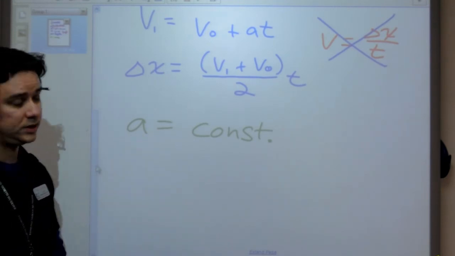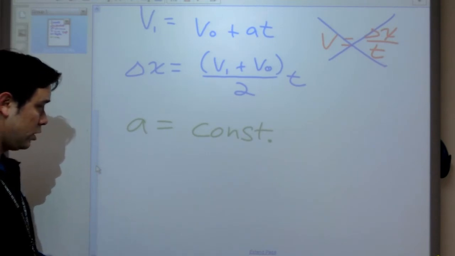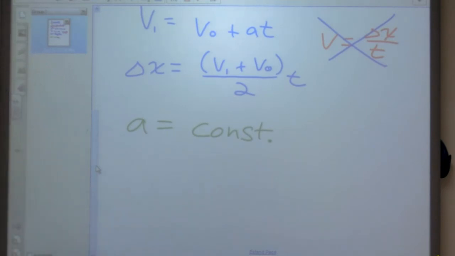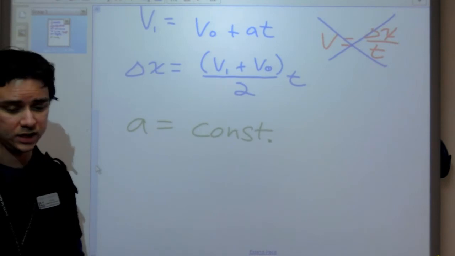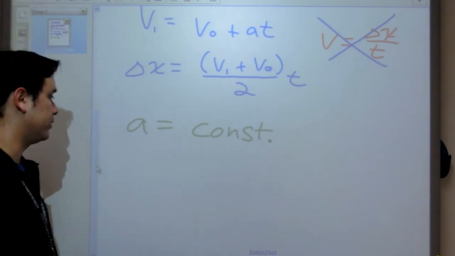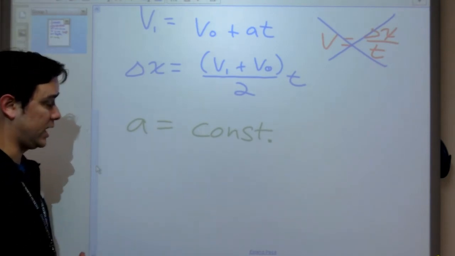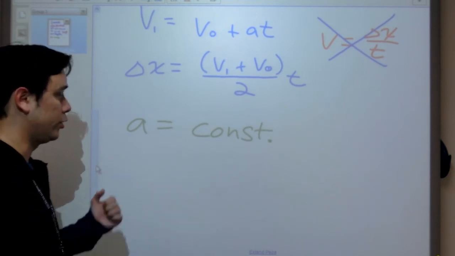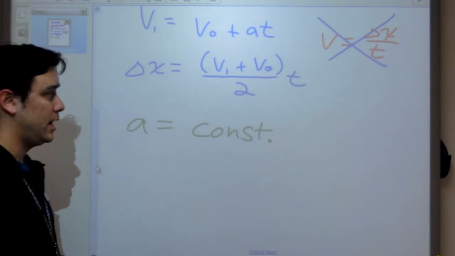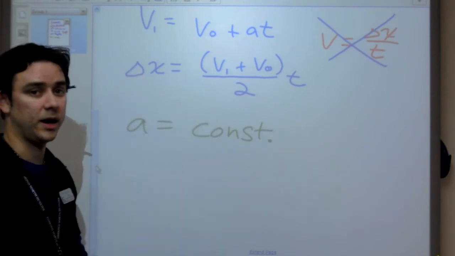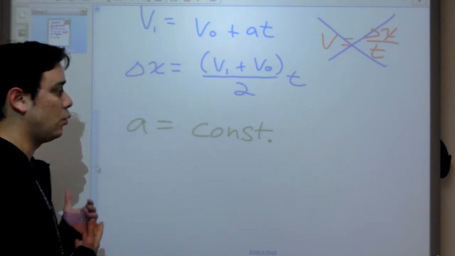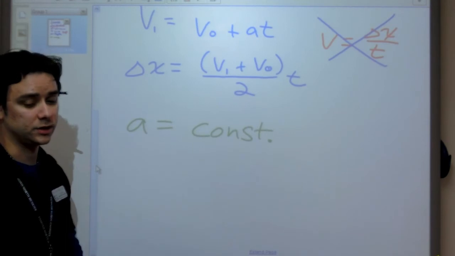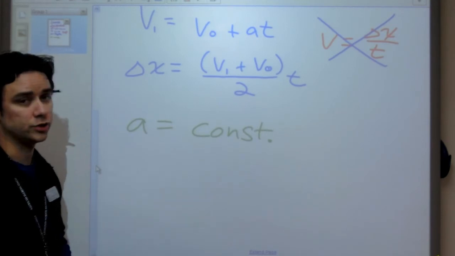Now, most of the problems we deal with, at least that we actually solve, we have constant acceleration, so it's okay to use these. But you must be careful of that. There are many conceptual questions that I ask and other people ask where I'll set up a circumstance where your acceleration is not constant, and then I will ask you something about these kinematic equations. We can't answer it. When the acceleration is not constant, these kinematic equations are no longer valid.